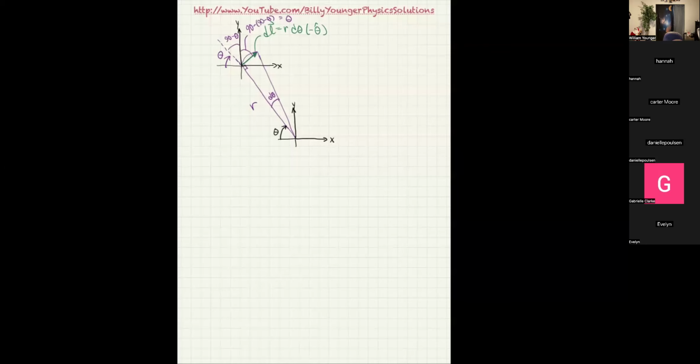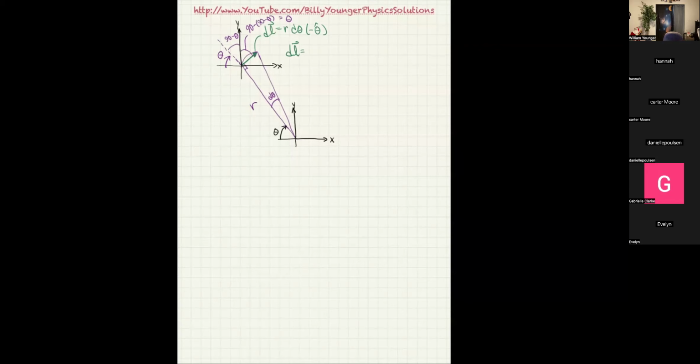Okay. So now that I have that angle, I can figure out what the x and y components of DL are. Specifically, I know its length is R d theta. So I can now say that DL, let's just work this out. DL is equal to, I'm first going to take the magnitude of the hypotenuse here.